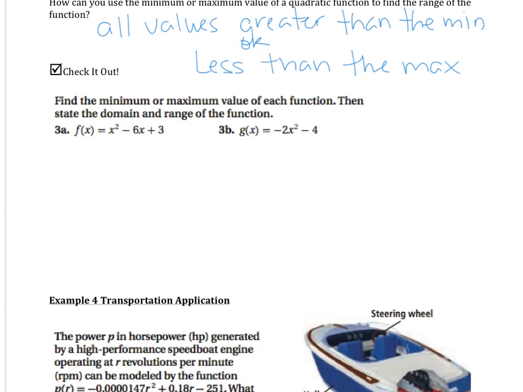So we're going to try this again. Find the min and max value for each function. State the domain and range. Okay, so the first thing you want to do is find the opposite of b over 2a. So a equals 1, b equals -6, c equals 3. So the opposite of b over 2a is 6 over 2, which is 3. A is positive, so we do have a min.